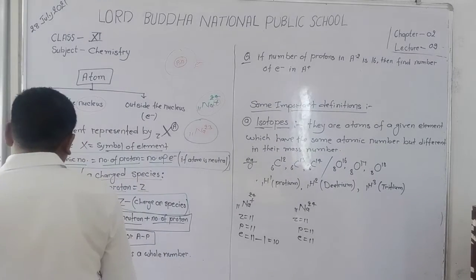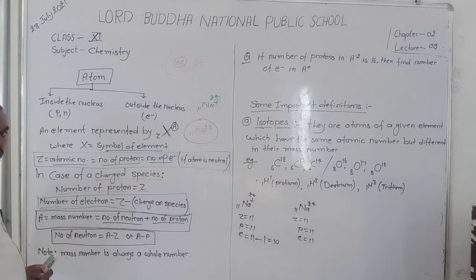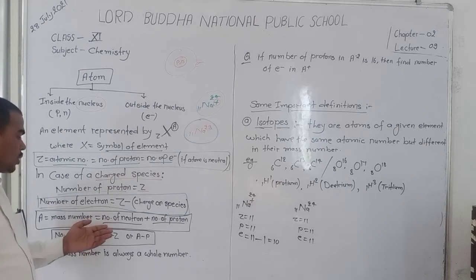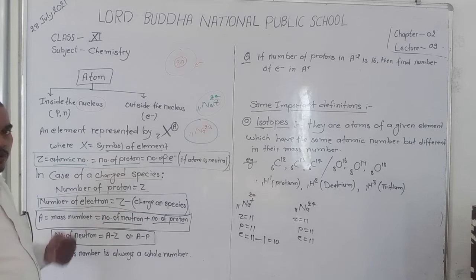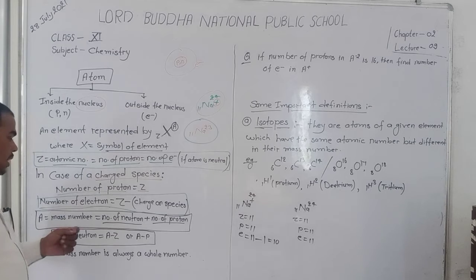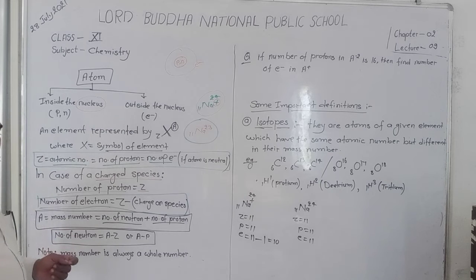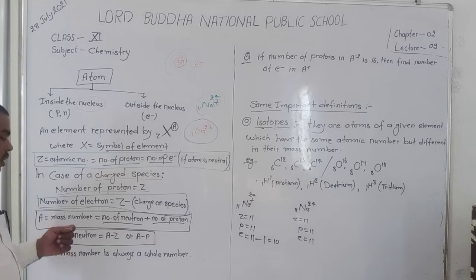Dear student, so we have the formula of the calculations: mass number equals neutron plus proton. But when in our questions we discuss the number of neutrons, what is the number of neutrons?